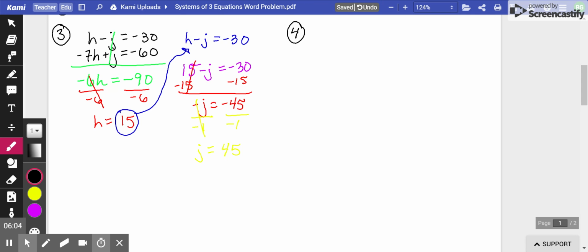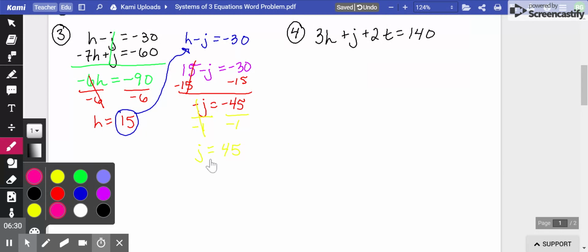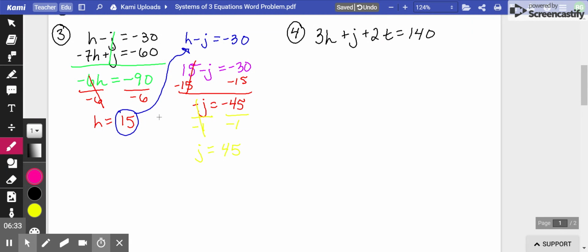So now in step 3, I have two variables solved for, h and j, but we have 3 variables total, so I also need to solve for t. Step 4 is to use one of your original 3 equations, either equation A, B, or C. I'm going to choose to use equation A, which was 3h plus j plus 2t equals 140. In this equation, you're going to substitute in the 2 values you solved for in step 3. So h is 15, j is 45. I get 3 times 15 plus 45 plus 2t equals 140.